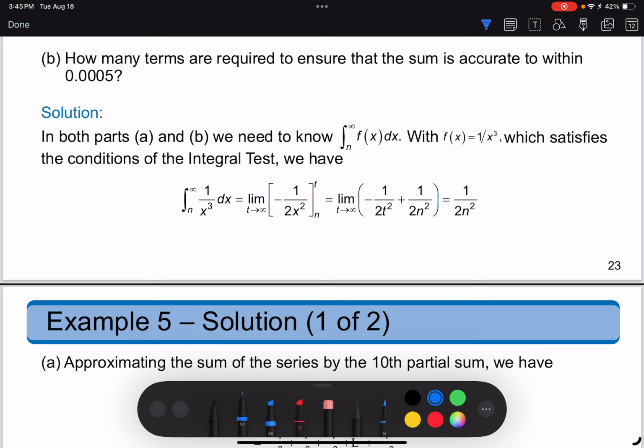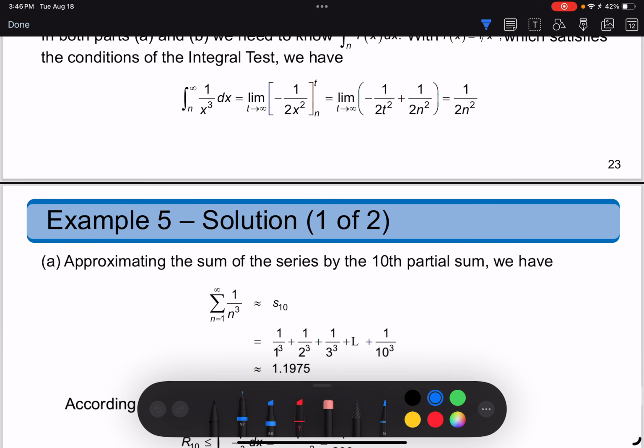So we're going to consider the right side terms that have not been included. As t approaches infinity, that would be 0. So the resulting term would be 1 over 2n squared.